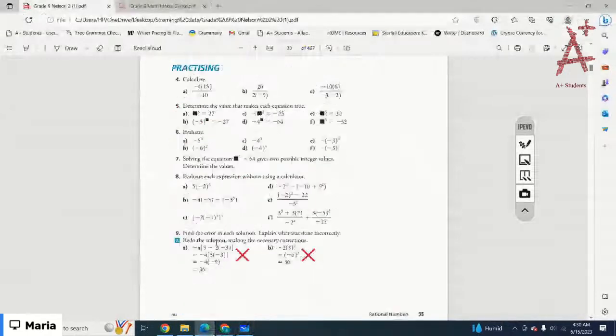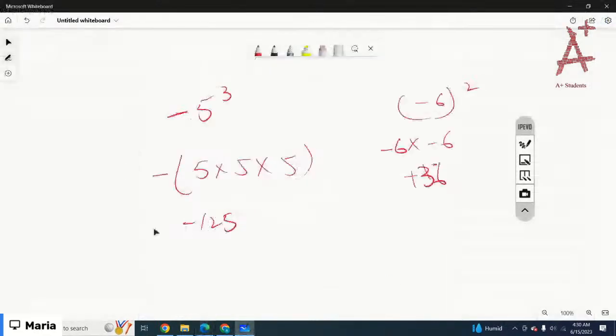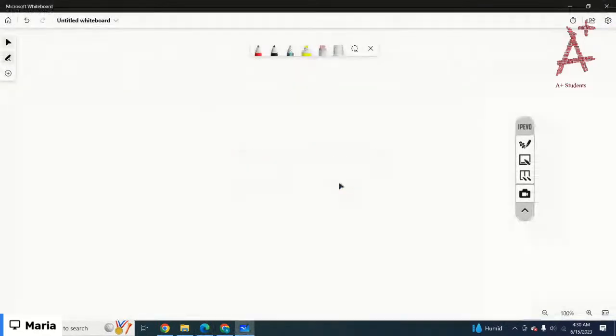Okay, the next one, let's just look at question number 8. You have to evaluate each expression without using a calculator. So you're not allowed to use the calculator. You have to solve the expression. Let's just start with the first one. 5 times negative 2 exponent 3. Now you can see the negative sign is part of the 2. Got it? So the exponent is 3.